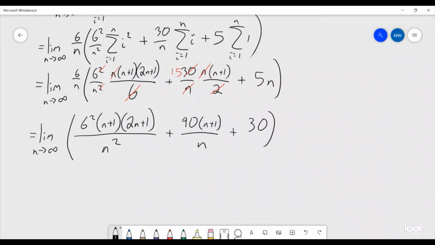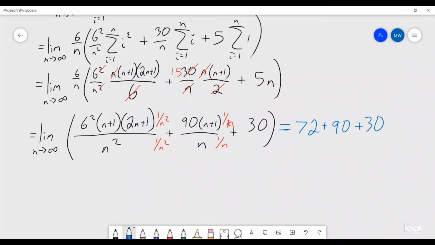So we could use L'Hopital's rule, or we could multiply the top and bottom by the leading or the largest power of each, and we would end up finding that most everything cancels out nicely, and we are left with a 6 squared times 2, so that's 72, plus a 90, plus a 30.